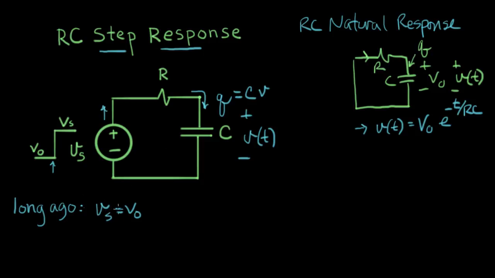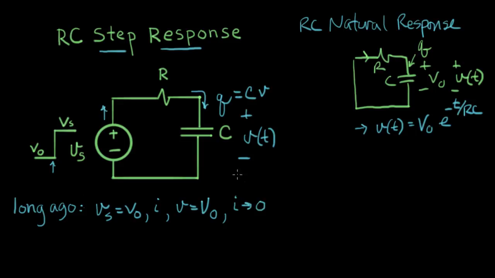So if a long time ago Vs was V0, basically what happened? Some current flowed until V here reached V0. So V equals V0. At some time in the past, V became V naught. And what happened to I? Then I went to 0.